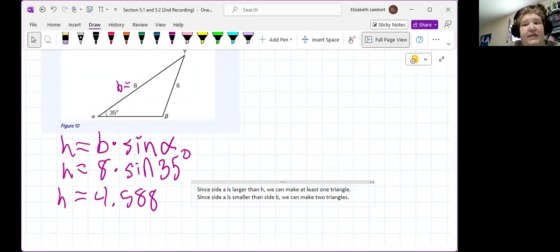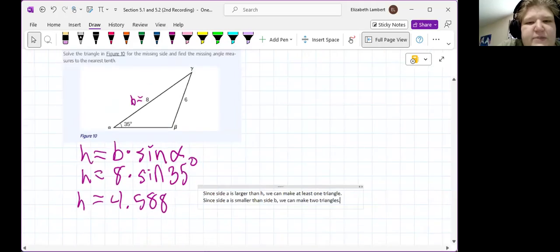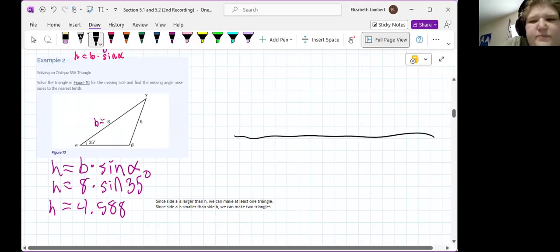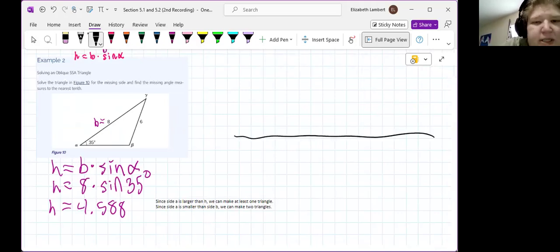So since we can make 2 triangles, let's go ahead and draw the figure with both triangles. From the way it went last semester, I think seeing the full crazy figure will be better than trying to figure out where something moves. Okay, so there is our ground line, if you will.